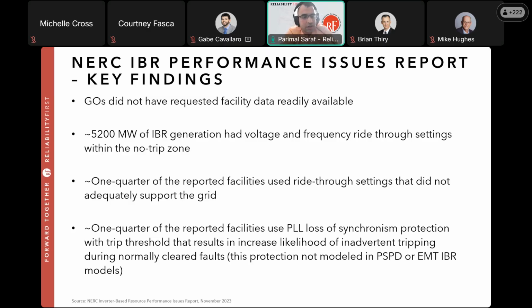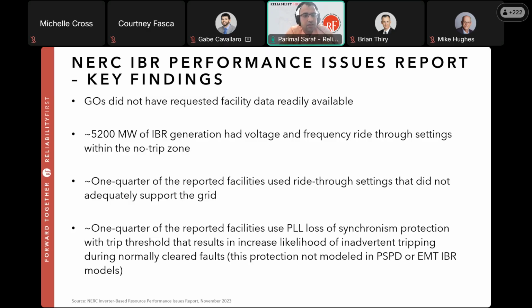So there is a well-defined region called a no trip zone, where these IBRs are not expected to trip. And outside that zone, these IBRs obviously should trip to protect their equipment, their inverters and the hardware. So it was identified that a lot of these IBRs had wrong voltage and frequency ride-through settings.